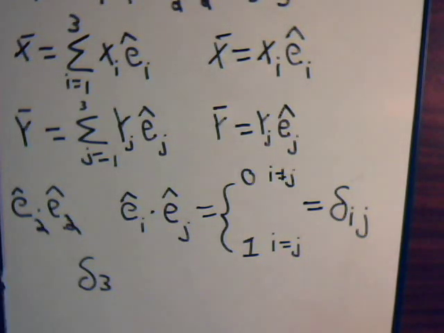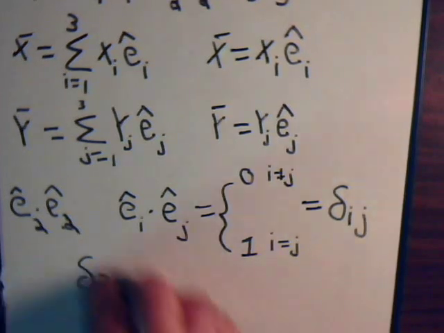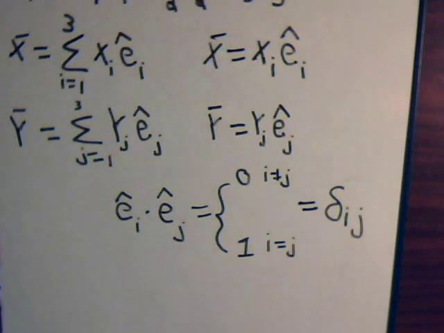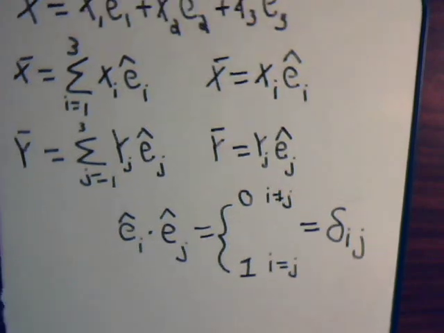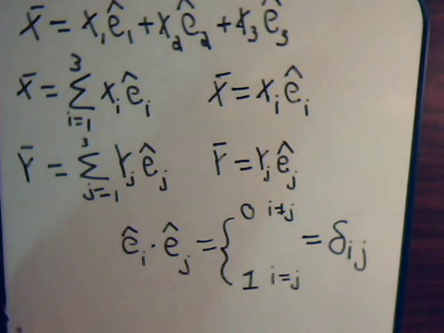So now let's consider taking the dot product of our vector x and our vector y, and we'll write them out in component form. We have x dot y, and we'll use our summation signs here for this problem.